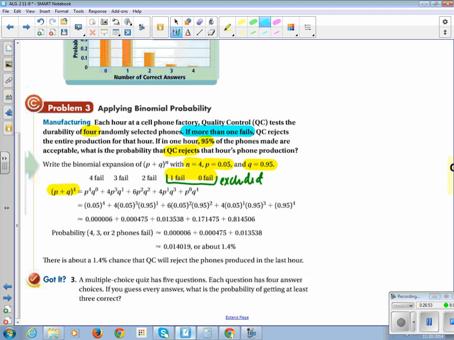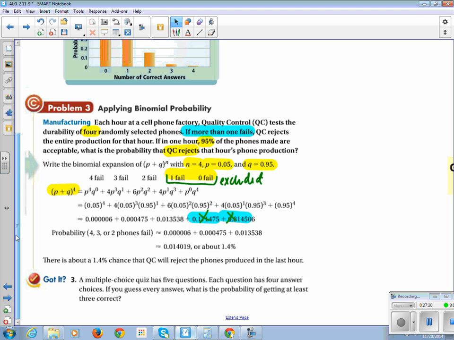We want to know if more than 1 fails. So that would be 2, 3, and 4. So we are not going to include the last 2. And I'll solve across this. There is a 1.4% chance that QC will reject the phones produced in the last hour.